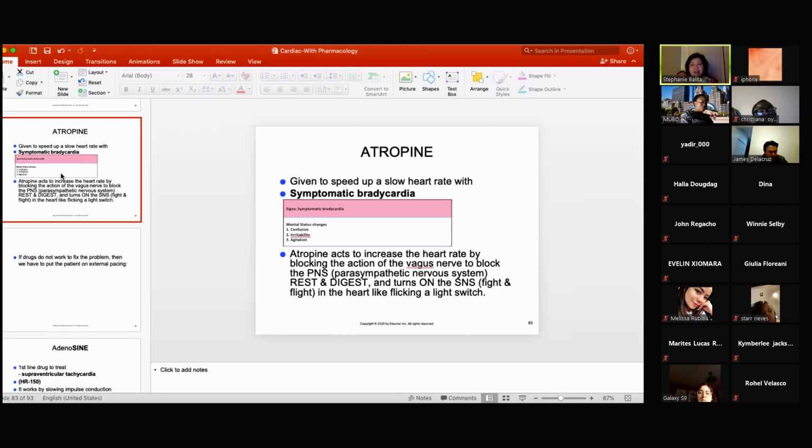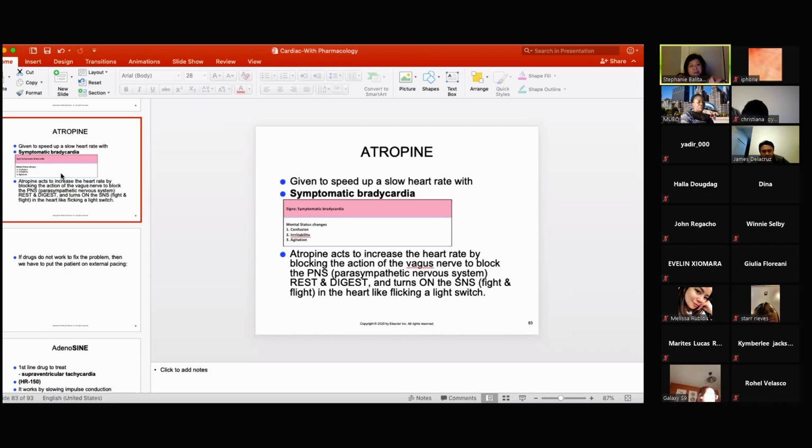Signs and symptoms of symptomatic bradycardia include mental status change. Why do we say mental status change? It's because there's less oxygen to the brain, because it's a very slow heart rate. So you have confusion, irritability, and agitation.